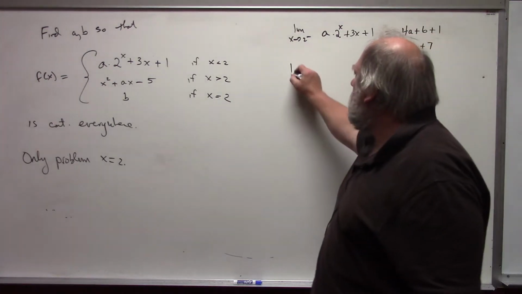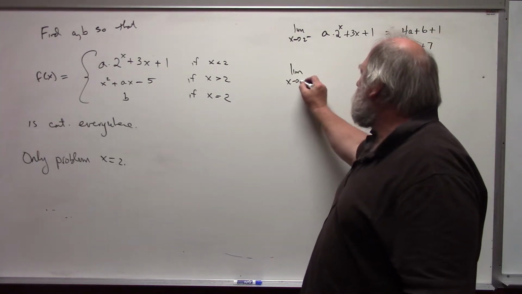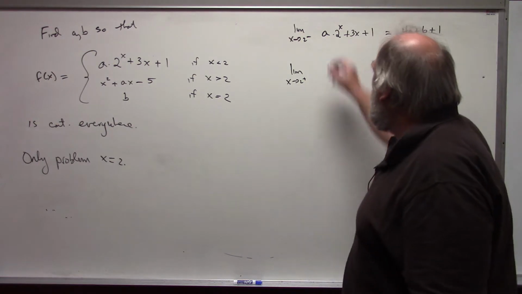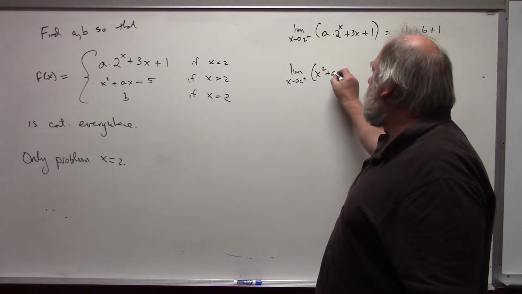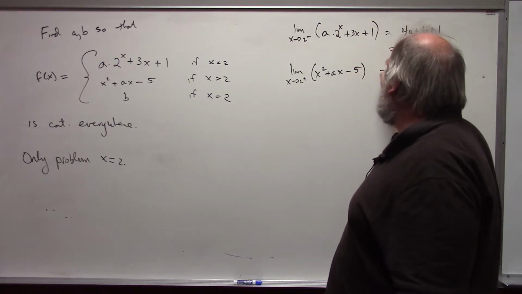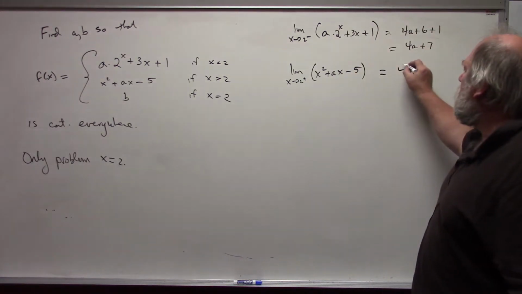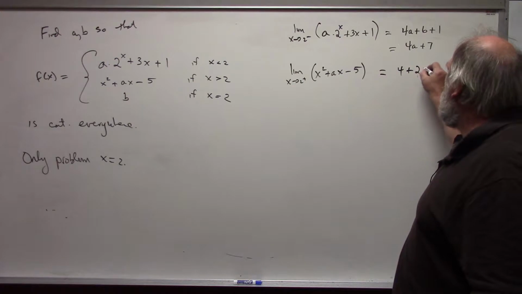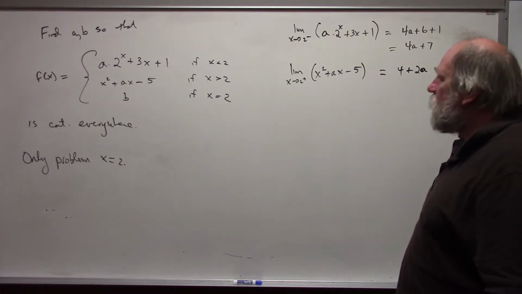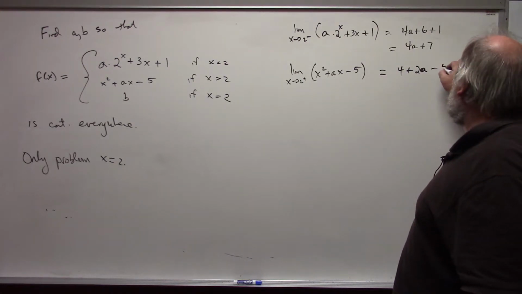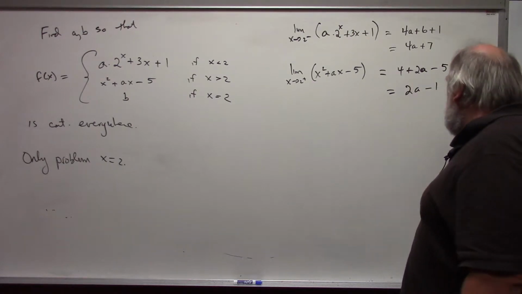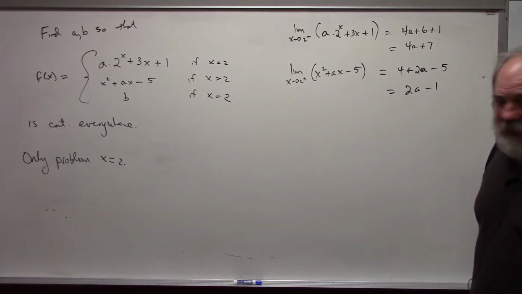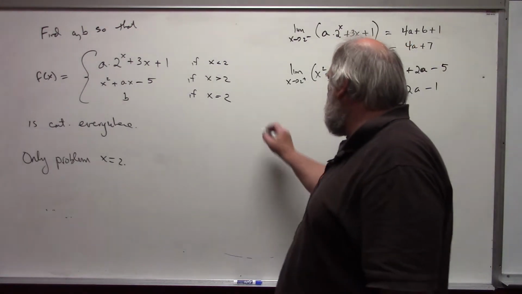The limit as x approaches 2 from the right of x squared plus ax minus 5 is equal to 4 plus 2a minus 5, which is 2a minus 1.